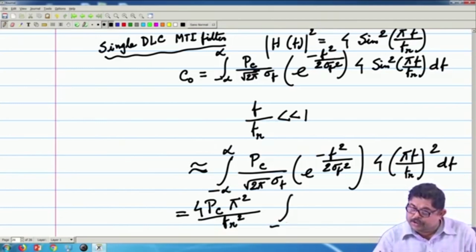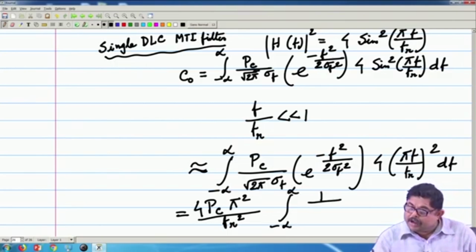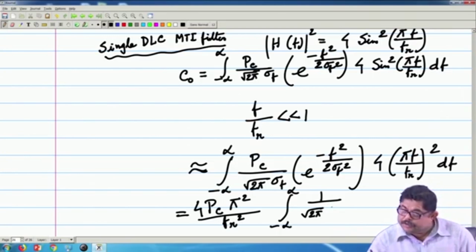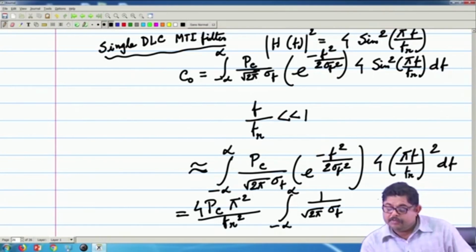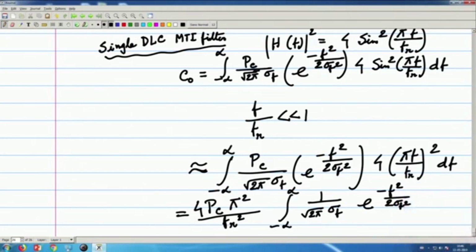So, I am left with the integral from minus infinity to infinity of 1 by root over 2 pi sigma f, e to the power minus f square by 2 sigma f square, and actually I should say f square into df.